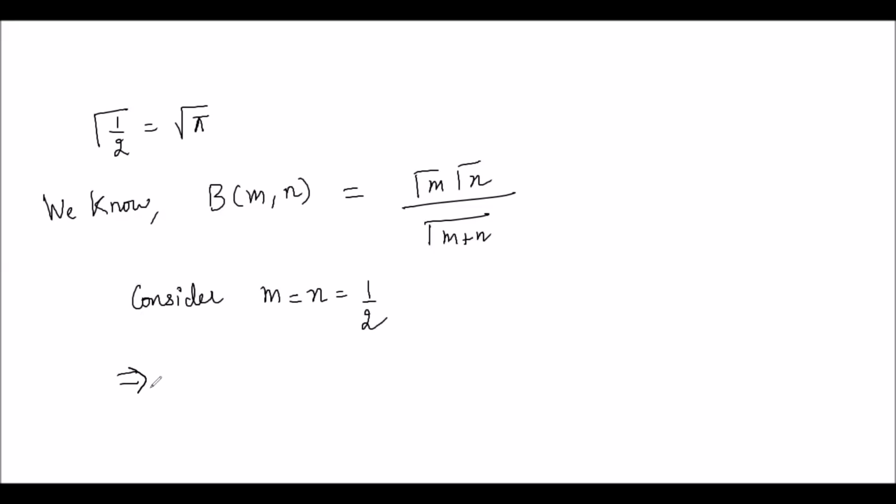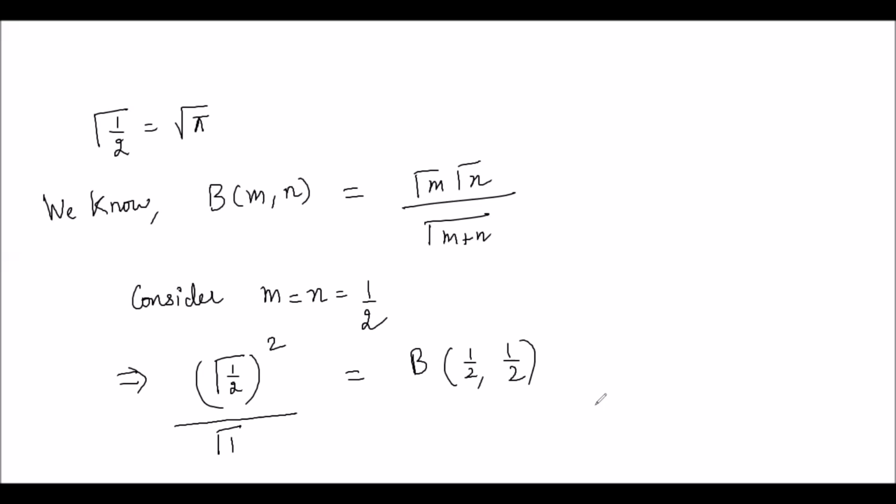Then the right-hand side will become gamma of 1 by 2 whole square, and the denominator will become gamma of 1 by 2 plus 1 by 2, that is gamma of 1. And this is beta of 1 by 2, 1 by 2. We know that gamma of 1 is 1.